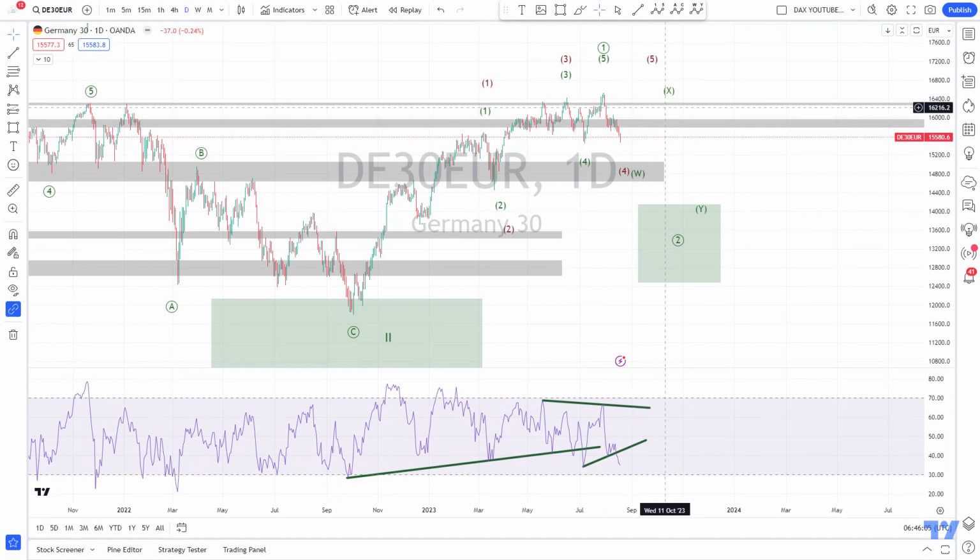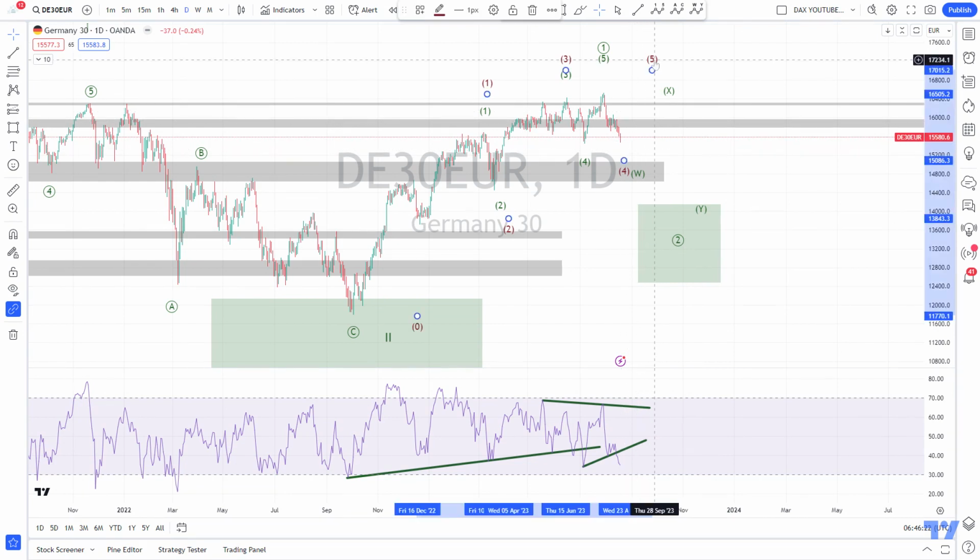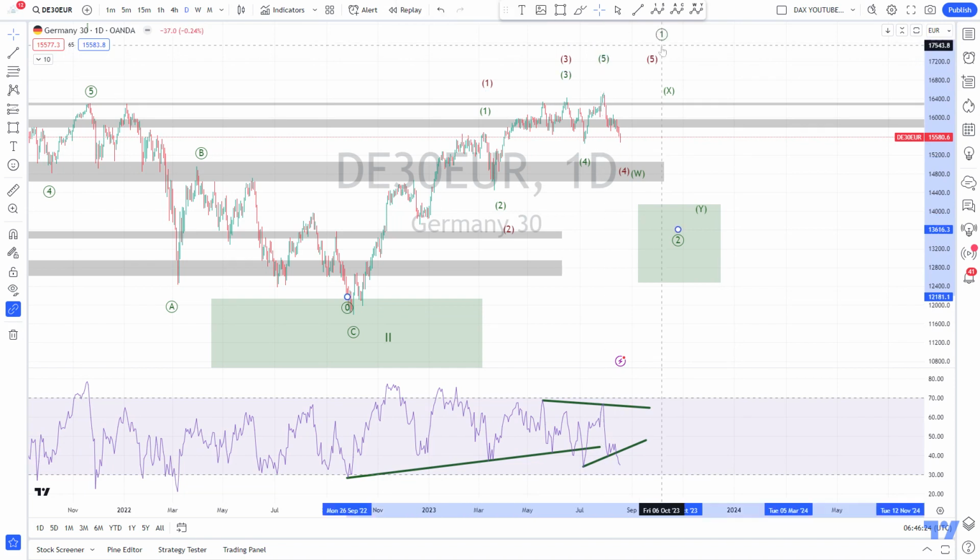If the rally fails, then my primary scenario will be true, in the sense that this is corrective up, and then we go corrective down again. If the rally succeeds, then the secondary scenario will play out, that this here becomes our wave one, and that we still have this wave five to the upside. So this gives opportunities for traders next week.